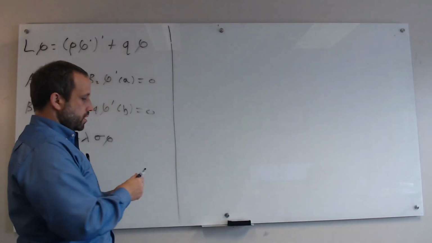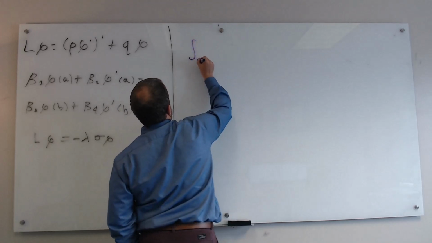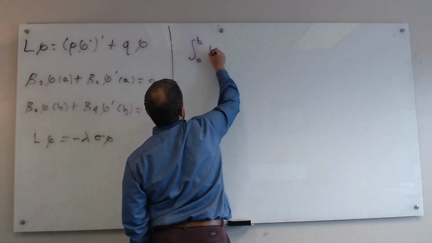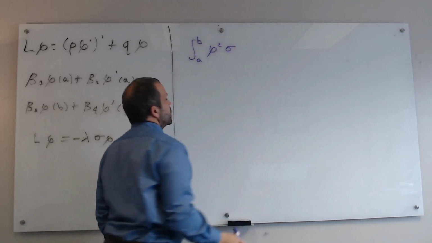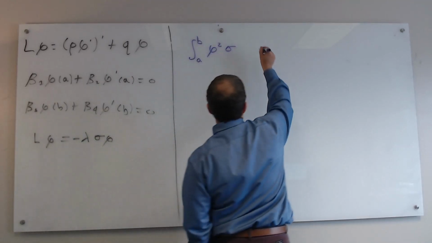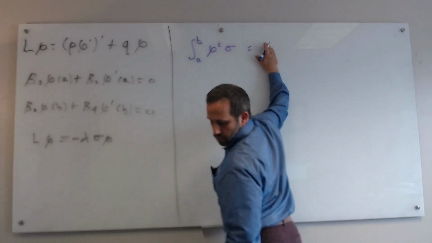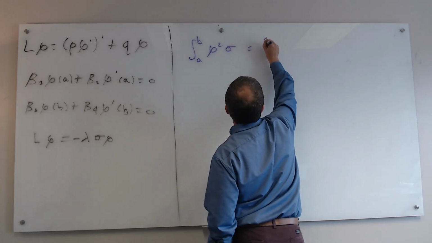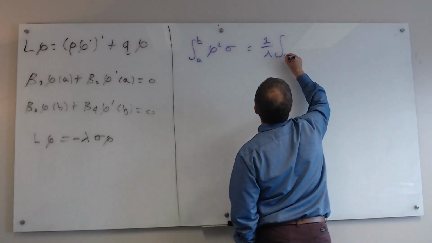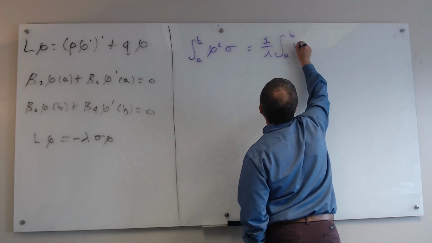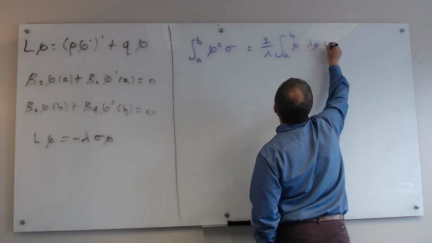So what we're going to start with is the integral from a to b of phi squared sigma, and we're going to multiply and divide by lambda. Actually, I'm going to have 1 over lambda on the outside here. This is 1 over lambda times the integral from a to b of phi times lambda phi sigma.